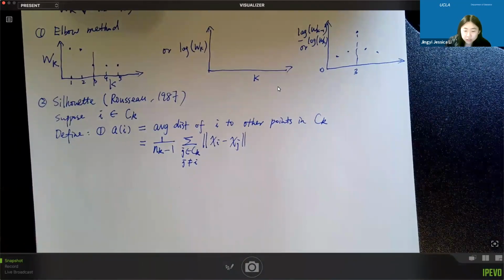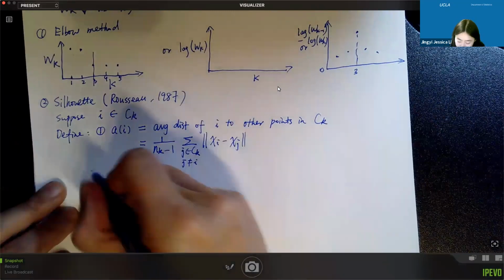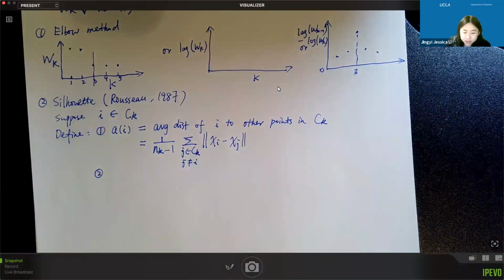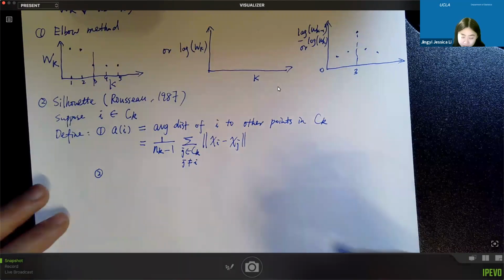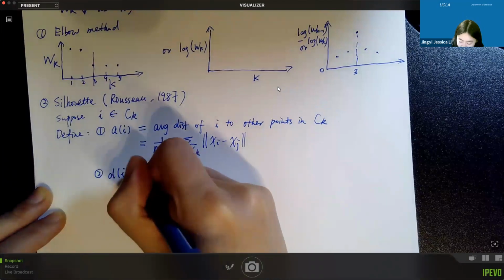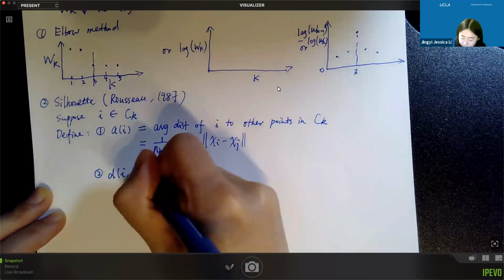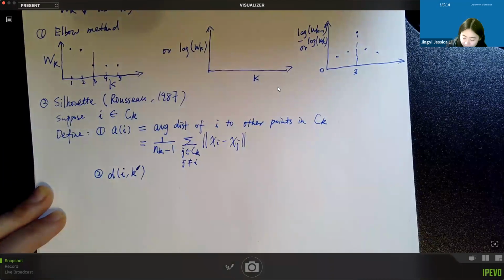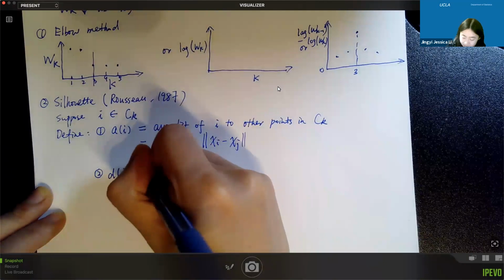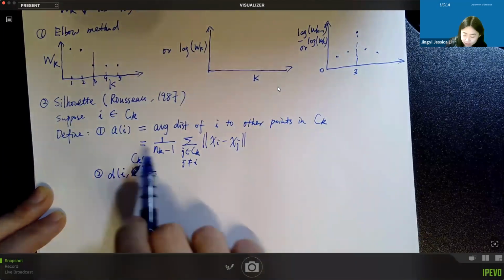And I also need to define the distance between my point I and other points not in cluster K, in other clusters. Let's say I call it D, I, K prime. Okay, CK prime is another cluster.